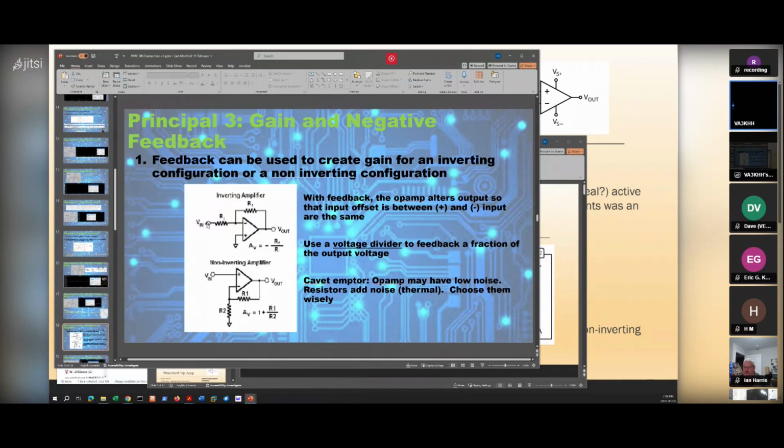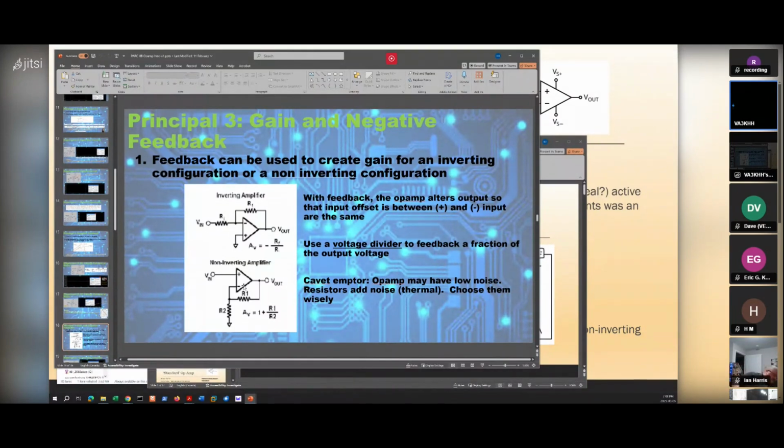So if you're coming in here with 1 volt and 1K, which is like plus 1 milliamp, then it wants to have negative 1 milliamp coming back here to maintain this virtual ground, for lack of a better term. So if you have a 2K resistor here, that means you're going to have 2 volts at the output to create 1 milliamp, and it's going to be the opposite sign of the voltage at the input at the VN terminal.